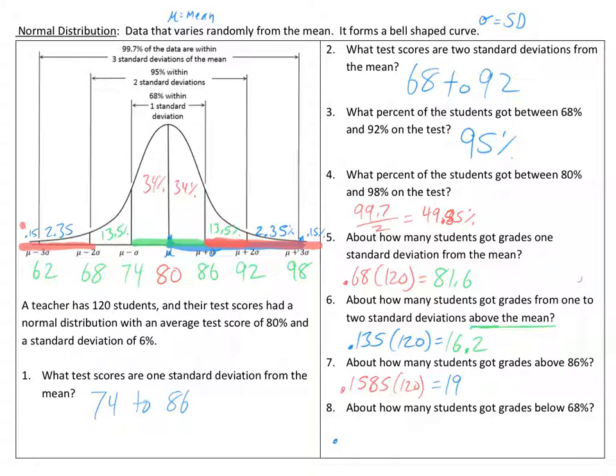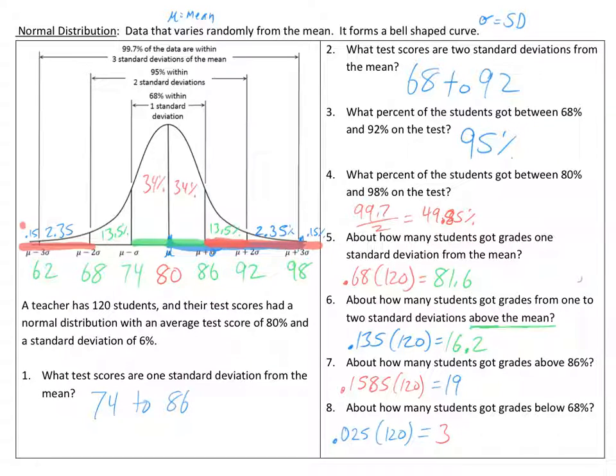When you add it together, about 0.25. Be careful with the 0, because isn't it 2.5%? Times 120. Now, could you use 2.35 instead of the 2.5%? Yeah, because that little bit's basically insignificant. When you multiply this, I think you get 3. So you should get about 3 people here.